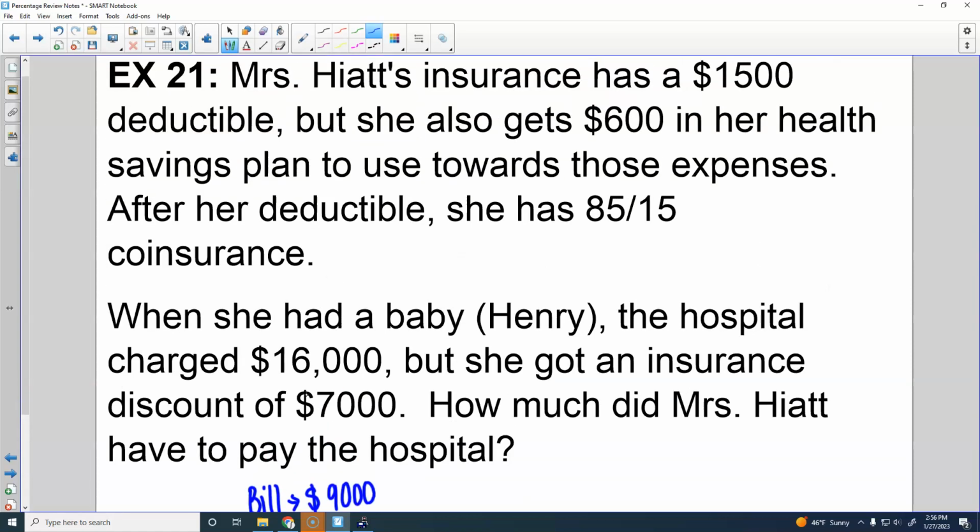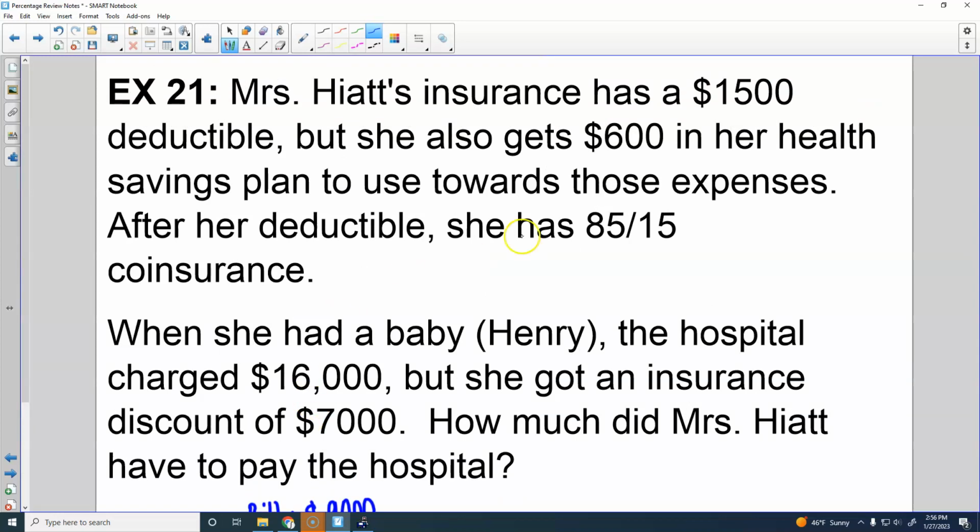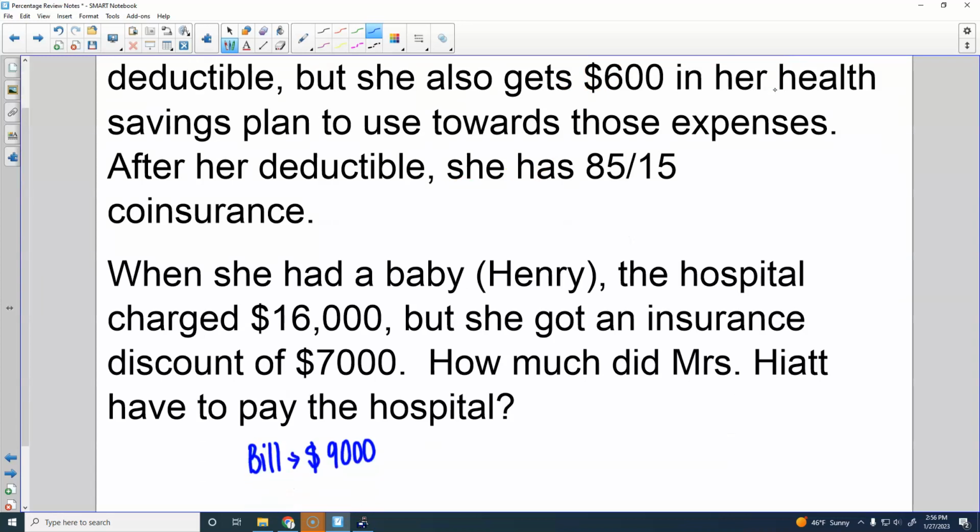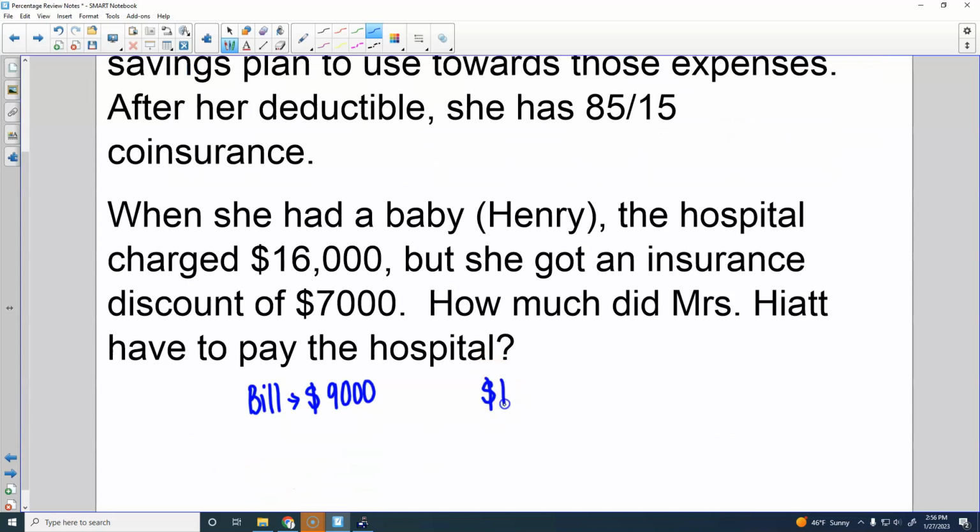I have a $1,500 deductible, so I'm going to have to pay $1,500. And then this insurance was 85/15, so I only had to pay 15% of what is left. So how much do I have left that I've got to pay? $9,000 minus that $1,500 is going to be $7,500.